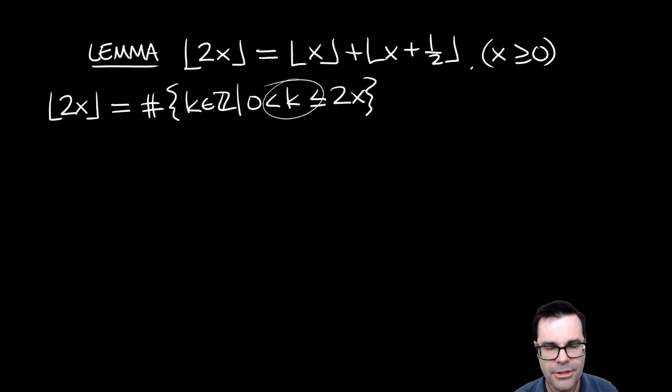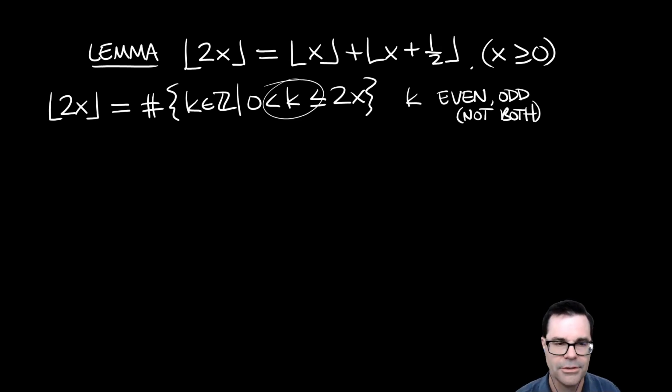And then I'm going to notice that, well, k, being an integer, is either going to be even or odd, but not both. So what I can do is kind of a double counting argument. I've already counted all these integers up to and including 2x. Now I'm going to count how many even ones there are, and then I'm going to count how many odd ones there are. And then the total of those two counts is going to have to be the same as this.